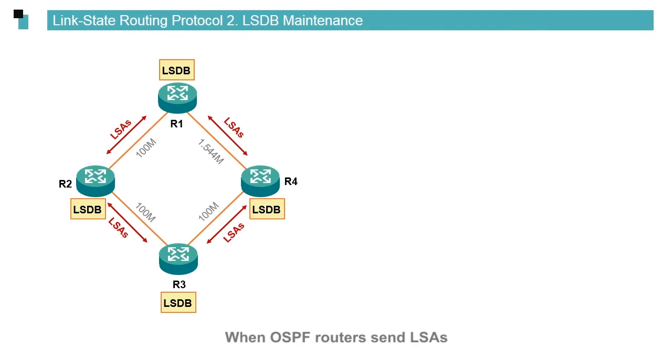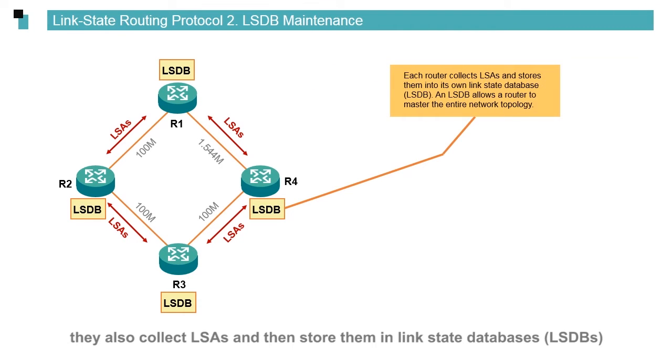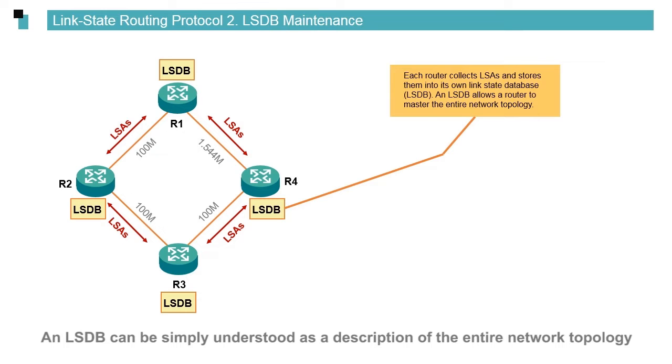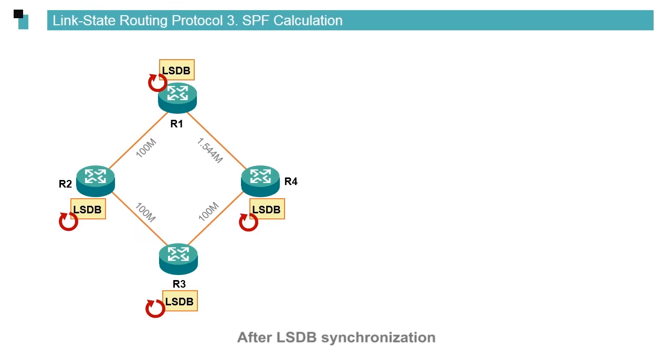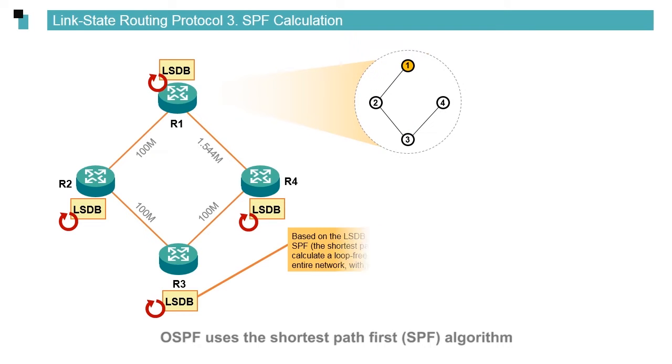When OSPF routers send LSAs, they also collect LSAs and then store them in link state databases, LSDBs. An LSDB can be simply understood as a description of the entire network topology. After LSDB synchronization, OSPF uses the shortest path first, SPF algorithm.